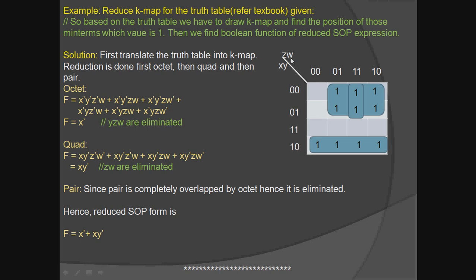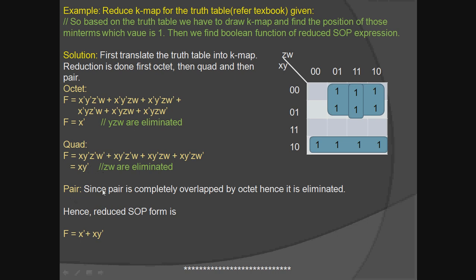But for z and w, you can see that for every cell it changes 0 0, 1 1. So it becomes complemented, uncomplemented like that, right? That's why z and w get eliminated. So we get x y complement.